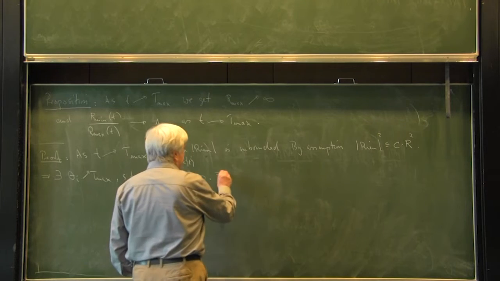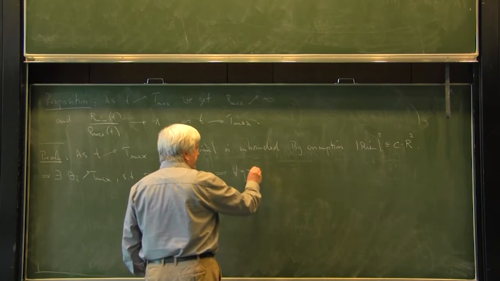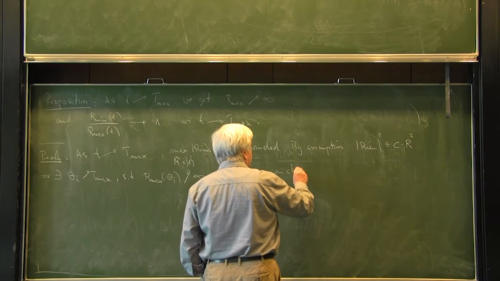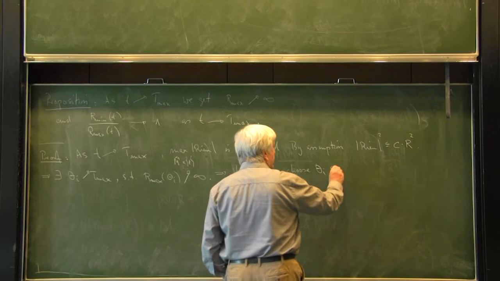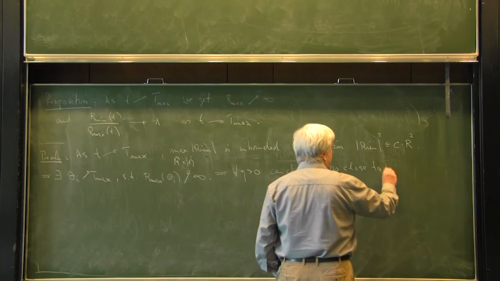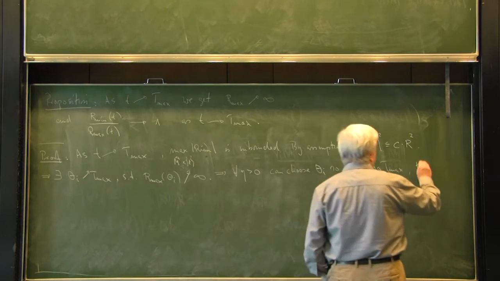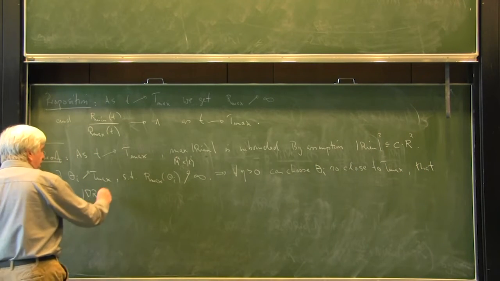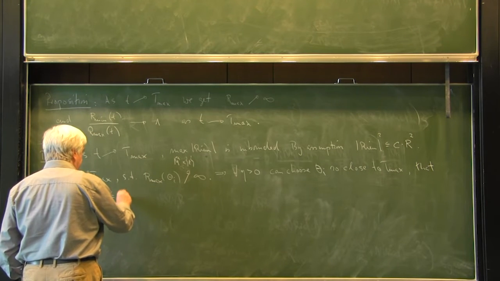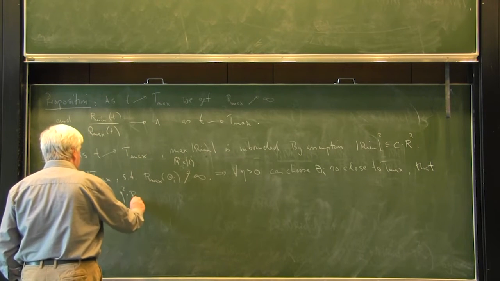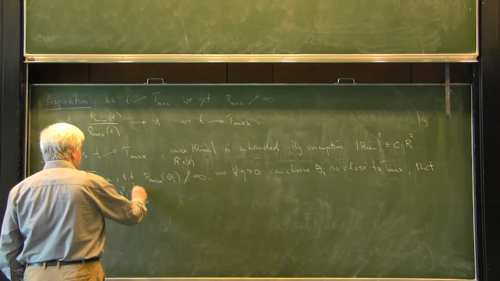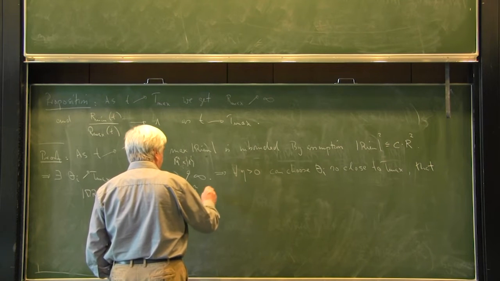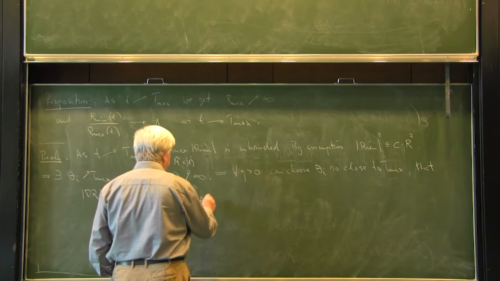So this means in particular that for any positive eta, I can choose theta_i so close to T max that the gradient of the scalar curvature is less than eta squared times R max to the 3/2 on M^n at time theta_i.